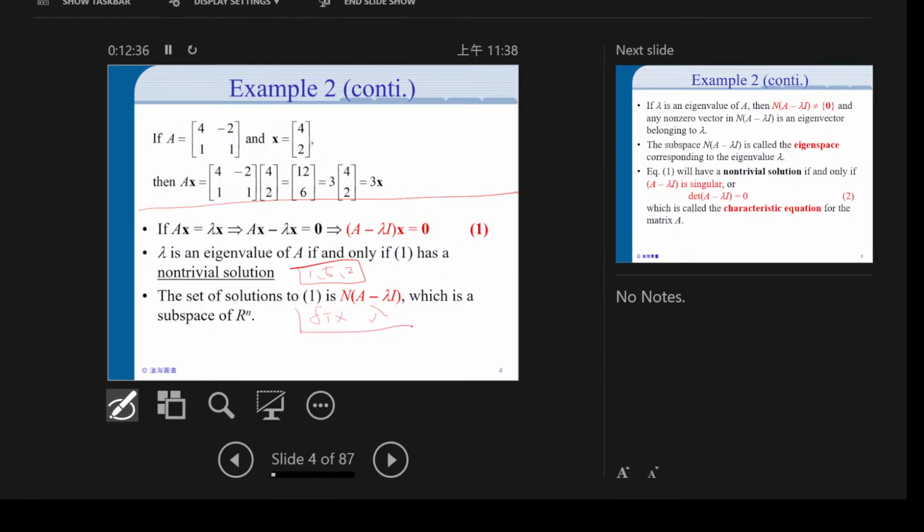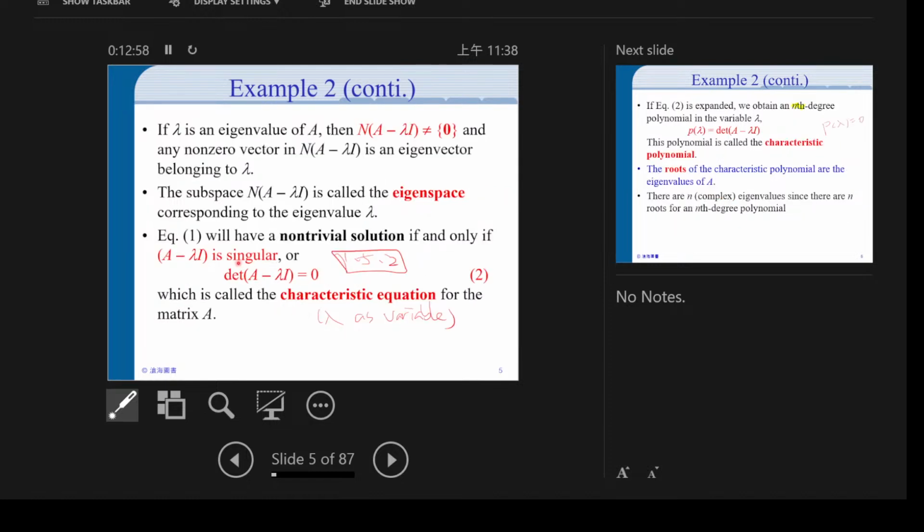So we solve the equation, and now we fix lambda. A minus lambda I is now a fixed matrix, and we know it has some null space, and then we can find it.